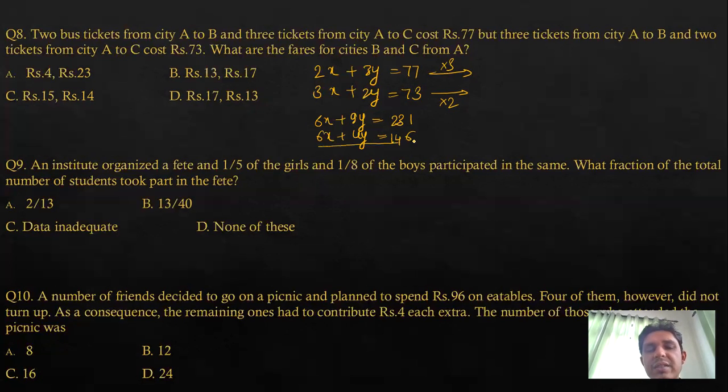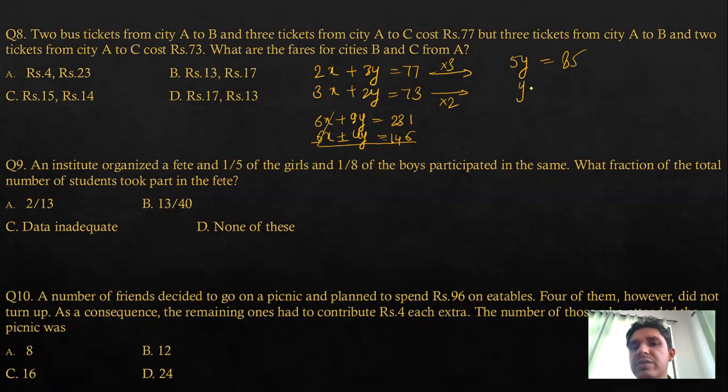If we subtract these equations, 6x will cancel out, and this will become 5y is equal to 85, right?